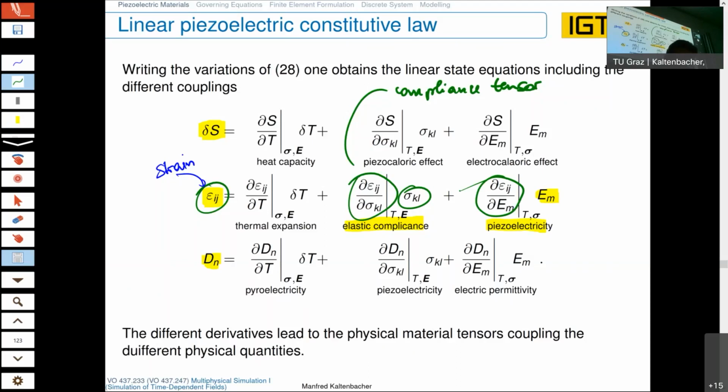And in the last row, you see exactly the electric permittivity given by the partial derivative of the dielectric displacement with respect to the electric field at constant temperature and mechanical stress. And that is our simple dielectric constitutive equation.